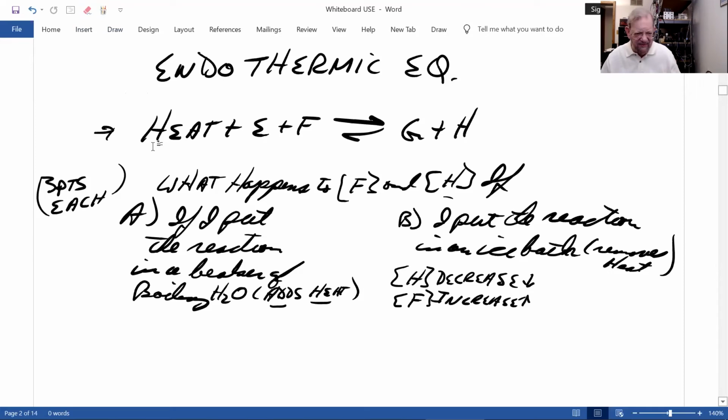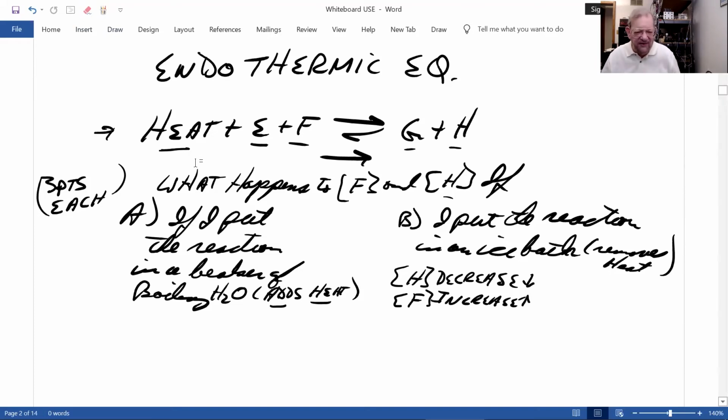At equilibrium, there was a certain amount of heat, E, F, G, and H. Now, there's too much heat because somebody added heat. And now the equilibrium says, oh no, I've got too much heat. I've got to get rid of some of the excess heat. How does it get rid of the excess heat? Heat reacts with E and F to make more G and H.